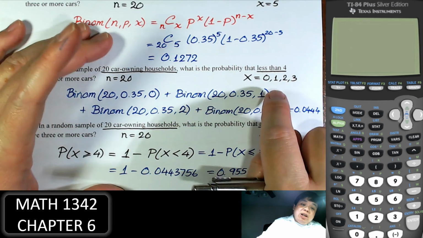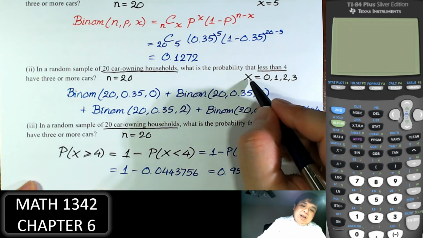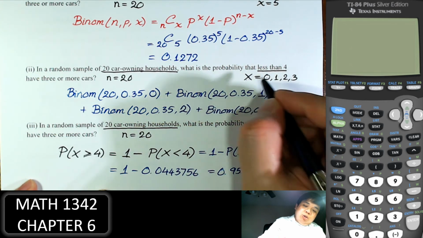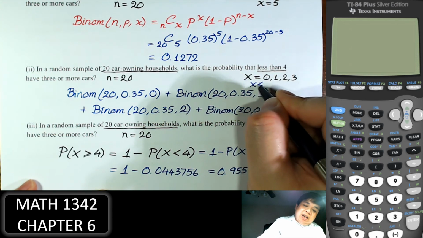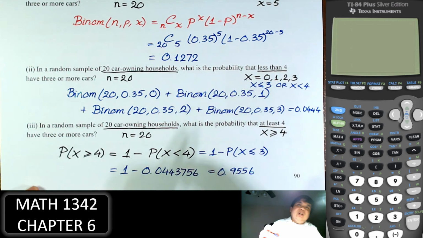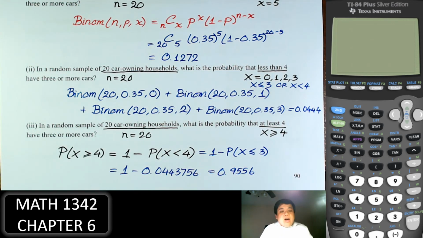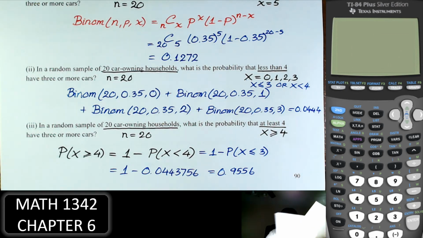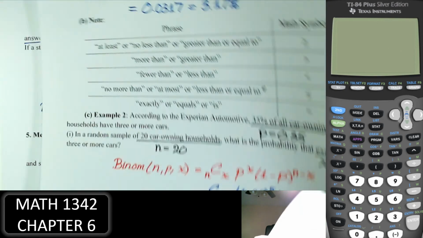And that's what we did earlier. So from x equals 0, 1, 2, 3, meaning less than or equal to 3 or less than 4, either way. Once again, the calculator can only do cumulative from 0 to that particular value. So be mindful of what we enter in the calculator.